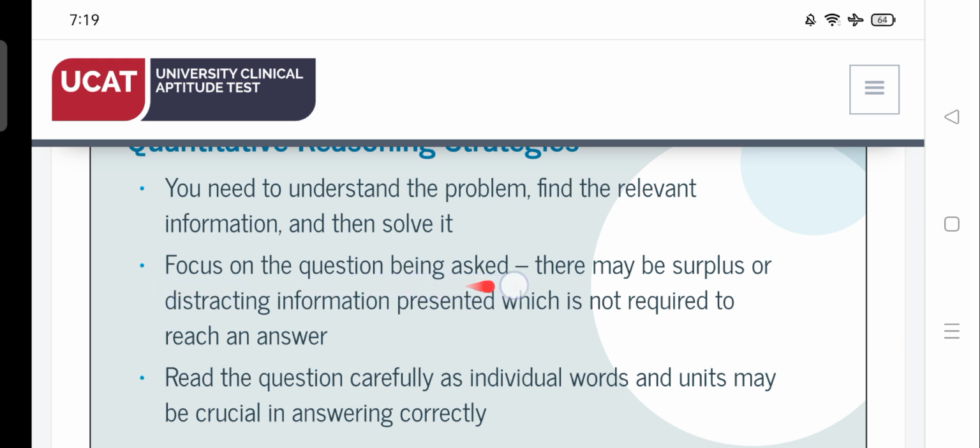Focus on the questions being asked. There may be surplus or distracting information presented, which is not required to reach an answer. Read the question carefully, as individual words and units may be crucial in answering correctly.